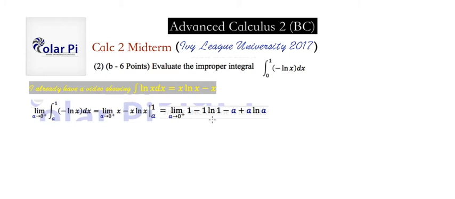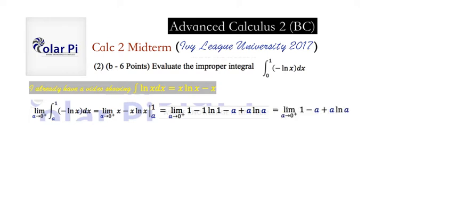And then when we do minus and plug in a, we get minus a, and then plus, because there's a minus in front of all of this with a plugged in. So we get minus a and then plus a ln of a, right? Okay, cool. And we simplify this a little bit more, and so we get this.